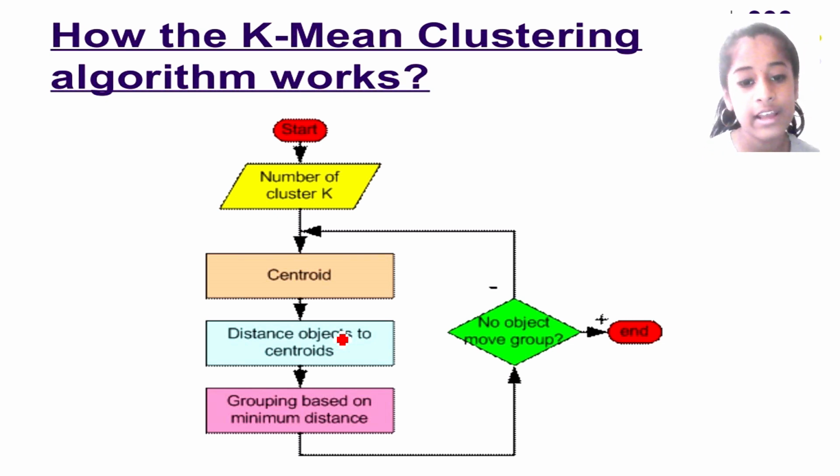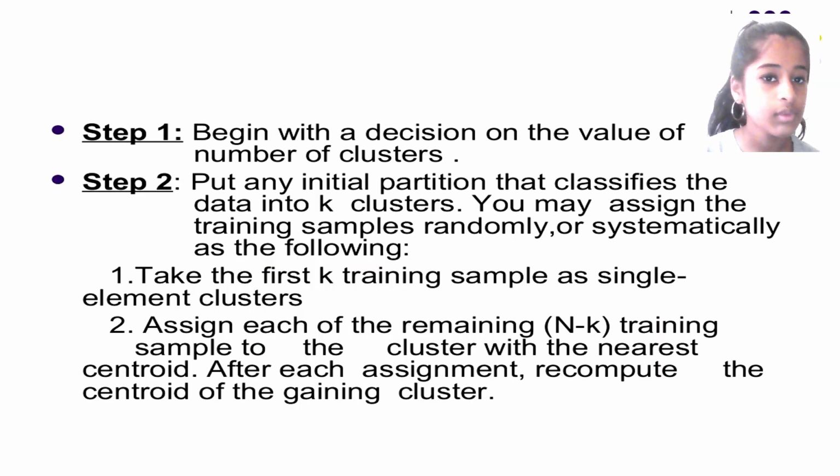We check the distance using the formula I showed you, the square of distance. We sum the distance squares and subtract the centroids. That's the third step. Then we group them based on minimum distance. If no object moves between groups, then end it. That's it.